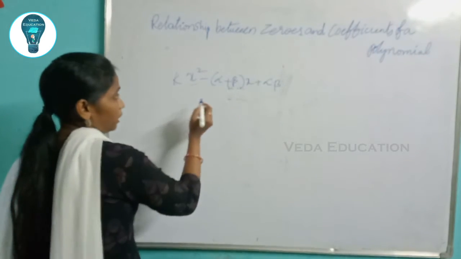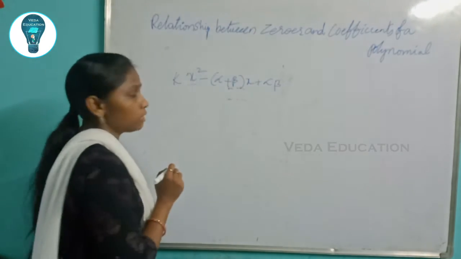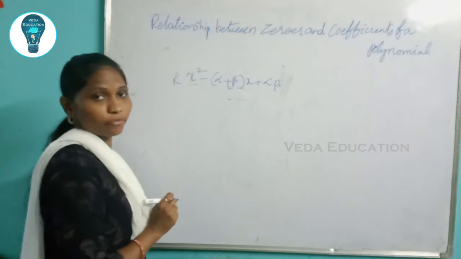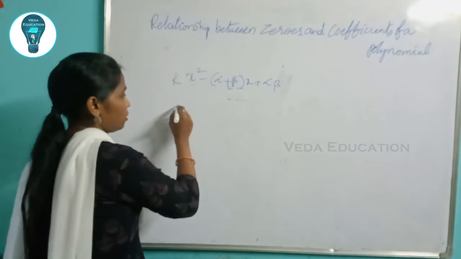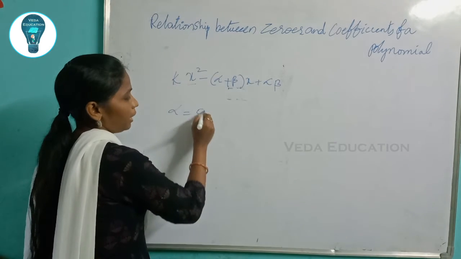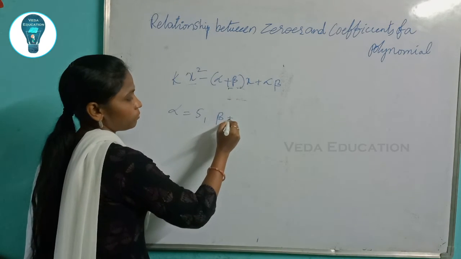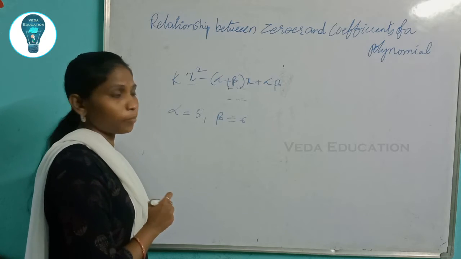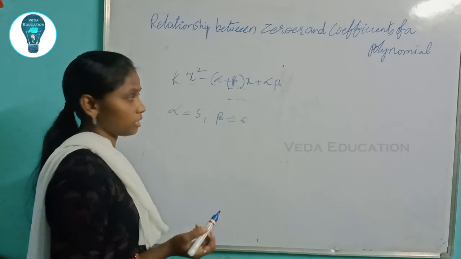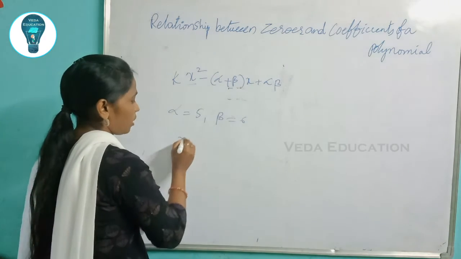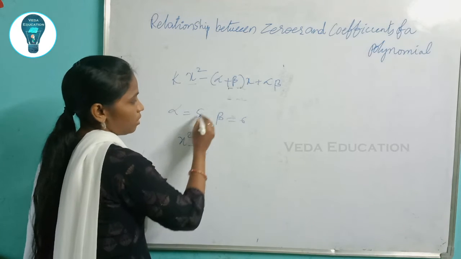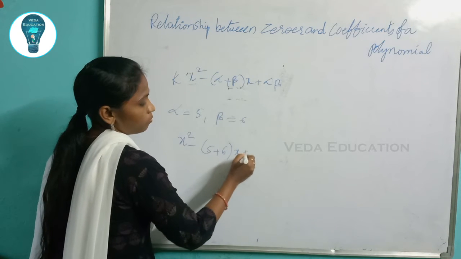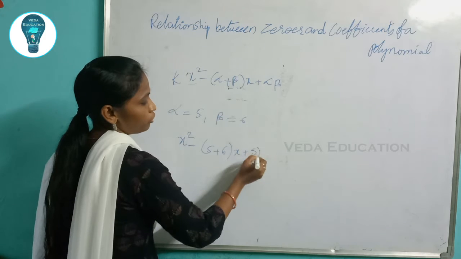Now the given problem: 5 and 6 are the zeros of the polynomial; what is the quadratic polynomial? So alpha is 5 and beta is 6. Substituting in the formula: x square minus 5 plus 6 x plus 5 into 6.